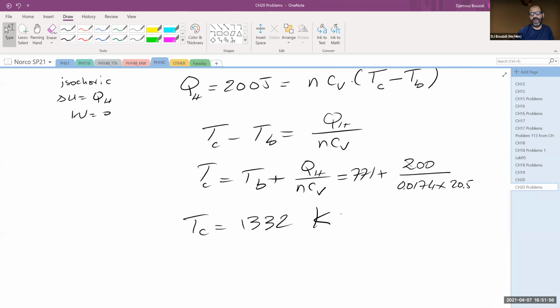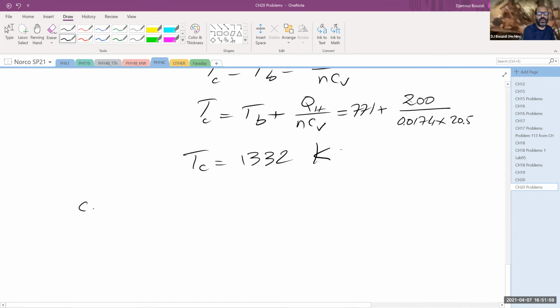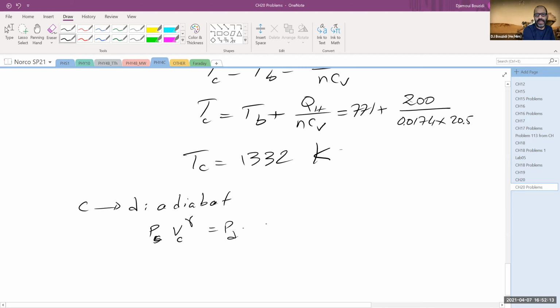So the last process that we have to worry about is the process from C back to D. And this is another adiabat. And in this case, what I can say is that PD times VD to the power gamma is equal to PC times VC to the power gamma.